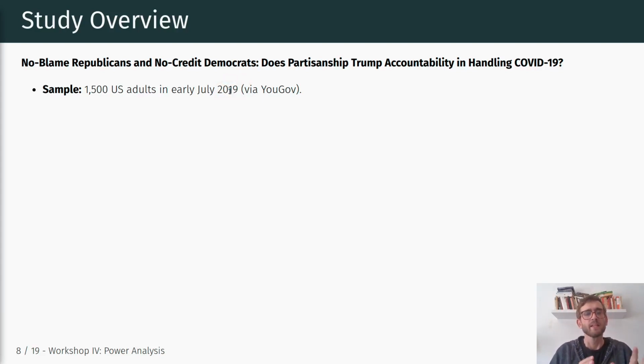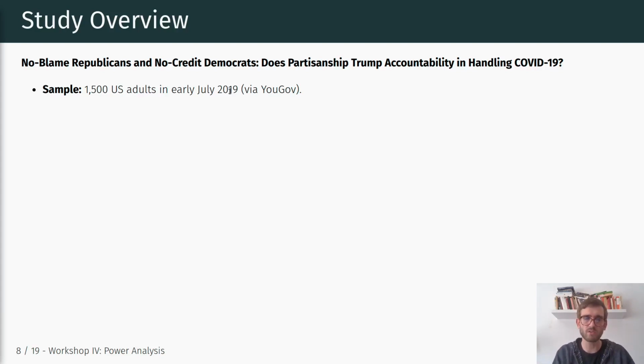The context was that this was shortly after the height of the first wave in the United States, and you could already see based on overall cases that the US had a much higher caseload than other European countries. But if you look at certain statistics like deaths per capita, the US was actually not doing too poorly compared to some other countries.